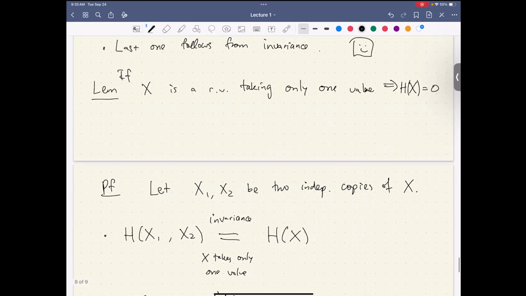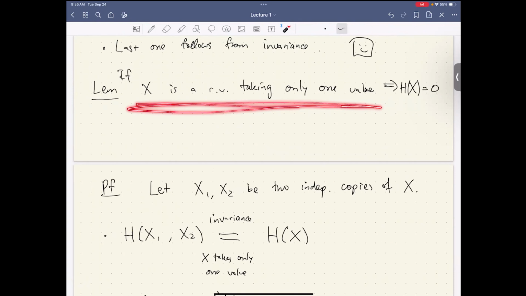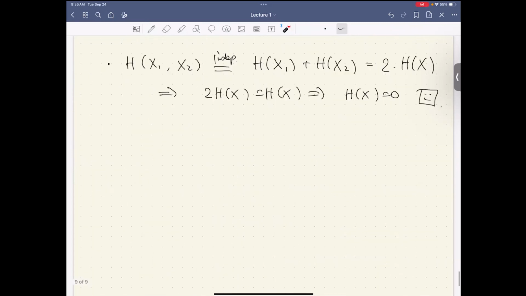This property is basically saying that when the outcome of X is a certainty, then there's no information, no randomness this random variable carries. The third property, you can think of as a monotonicity.